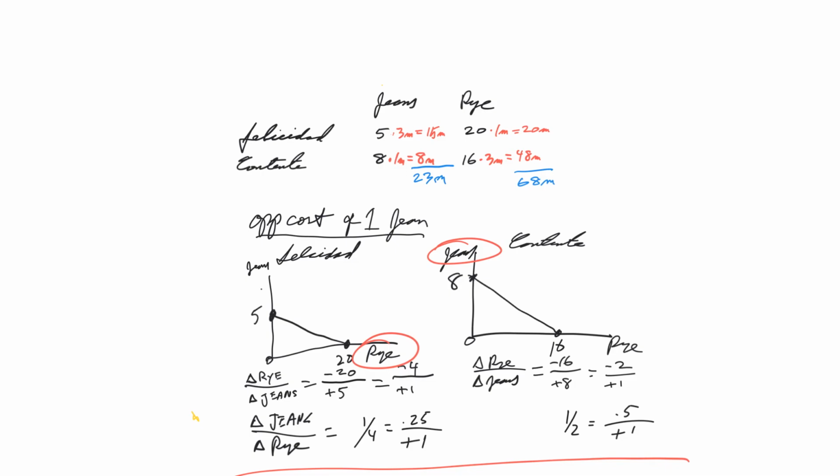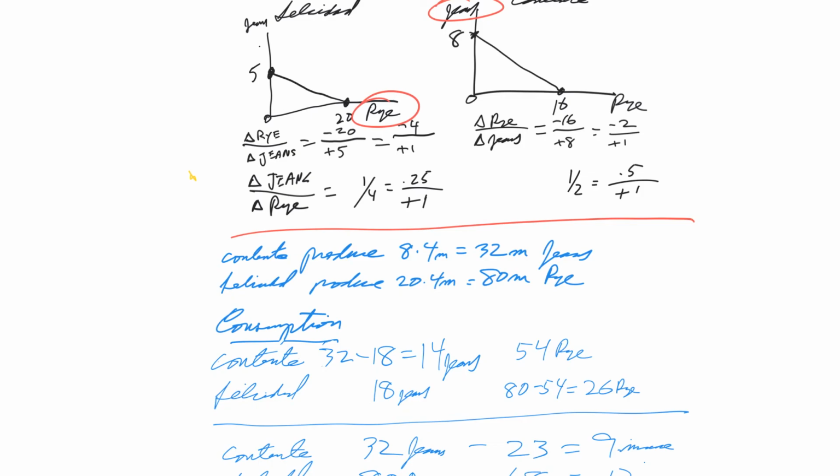Felicidad produced 15 million genes and 20 million rye. Contente produced 8 million genes and 48 million rye. Okay, that's where that came from. They were nice enough to give it to us, so that's already in the table.